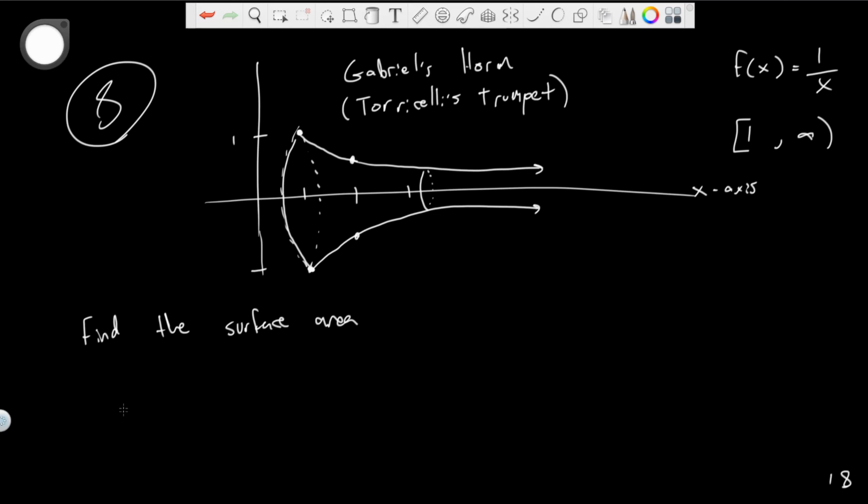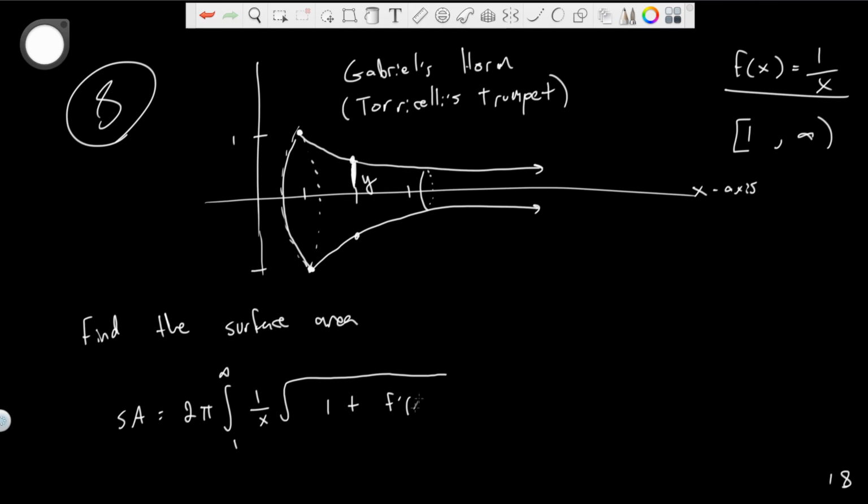The surface area is going to be 2 pi, the integral from 1 to infinity. This is going to be the type of problem that we've been doing all video, of the radius, which is just y. What is y here? y is 1 over x times the square root of, we are dealing in terms of x, so it's just going to be 1 plus the derivative, and I'm going to do this in steps, squared dx.